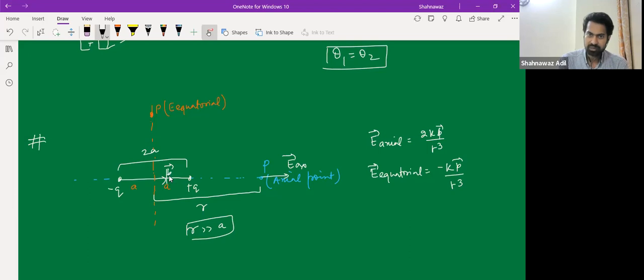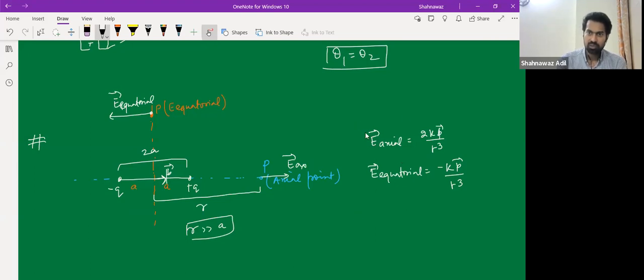And for the equatorial case, the electric field is opposite to the direction of this dipole, right? Understood?